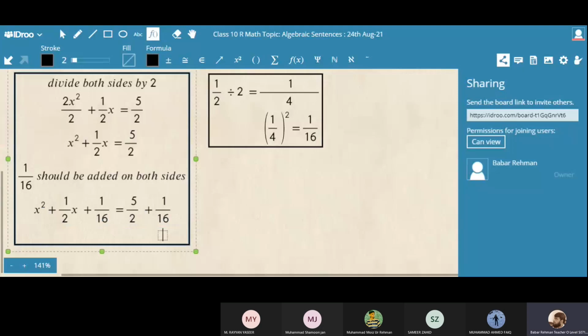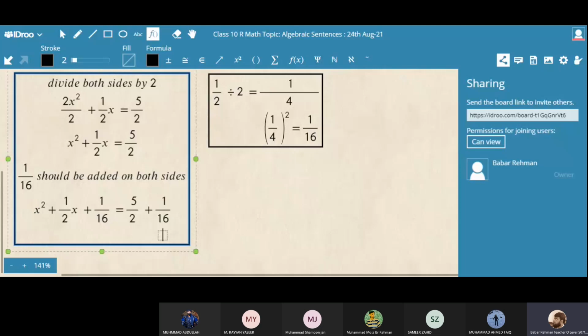Now the next concept is, for completing the square, I will close into bracket. After this, what will happen when I add 1 upon 16 on both sides? This will become a formula which is already expanded. This has become one formula. Okay, so now I close this formula.